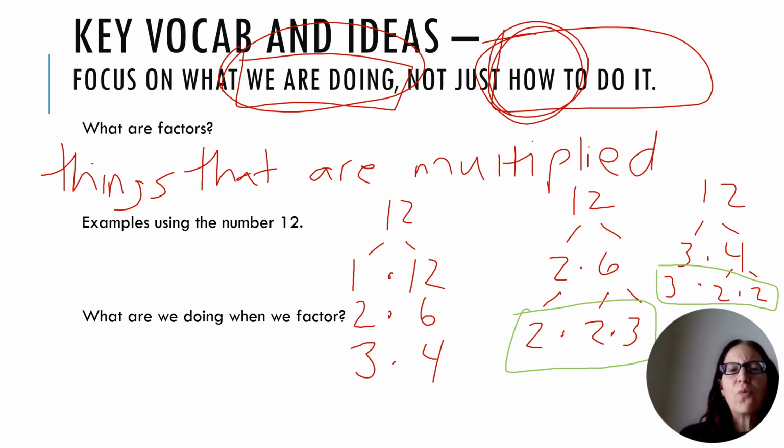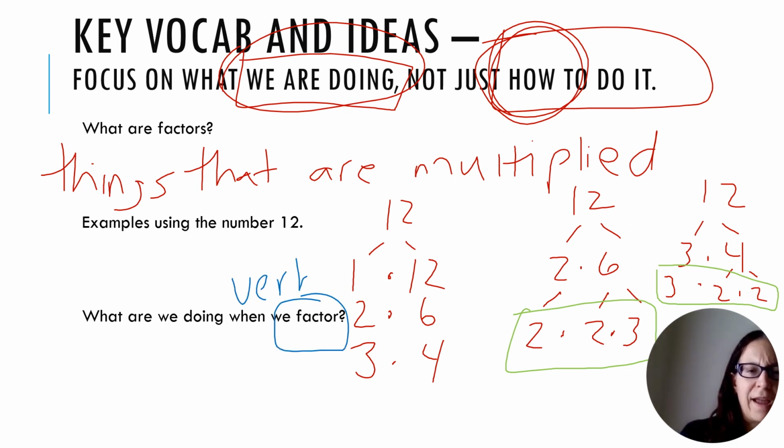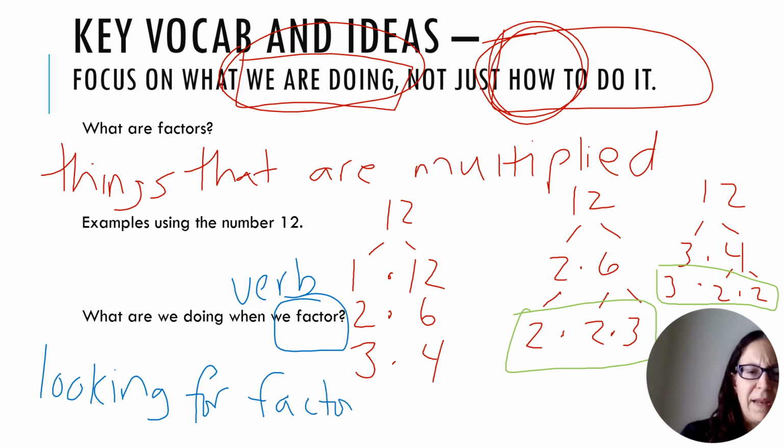Okay. So what are we doing when we factor? Basically, you're looking to determine the actual factor numbers. So what are we doing when we factor? That would be the verb. Essentially, you are looking for the factors, meaning the noun.